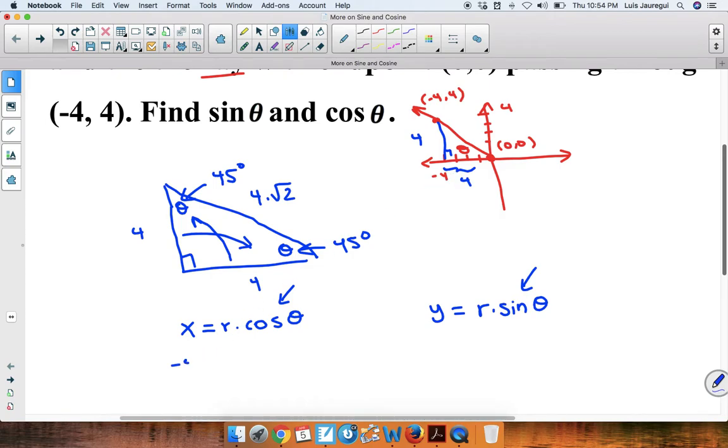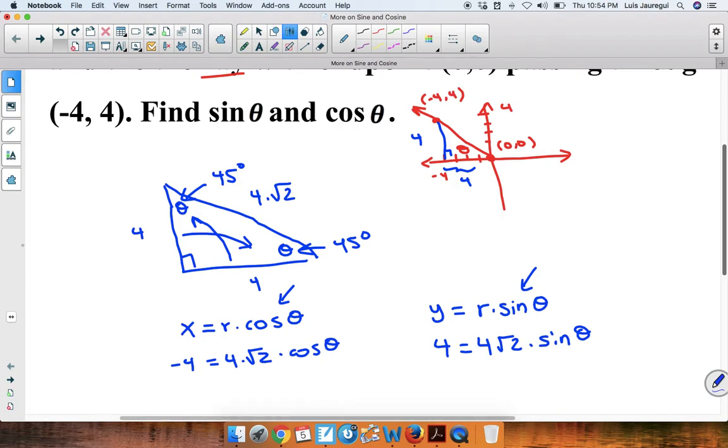So we have -4 is equal to your r, which in this case is this radius, 4 times the square root of 2, times the cosine of theta. On the other hand, your y coordinate was 4, so we have 4 is equal to the radius, which is 4 square root of 2, times sine of theta.